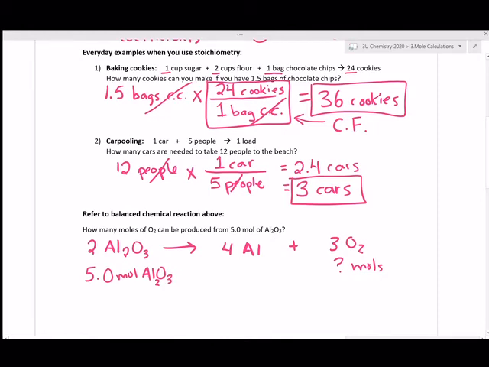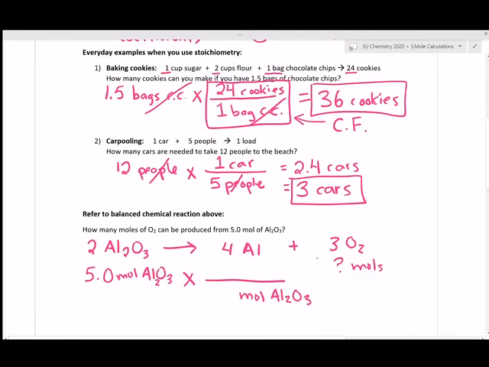All right, so once you kind of have your stuff organized, then we're going to see how we can get from this to that. And it's exactly how we did the cookies and car problems, where we're going to have to use our third conversion factor, which is called the mole ratio. So we're going to multiply 5 moles of aluminum oxide by a ratio that definitely has to have moles of aluminum oxide on the bottom.